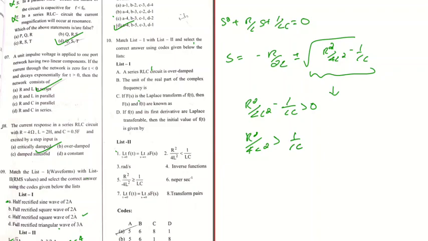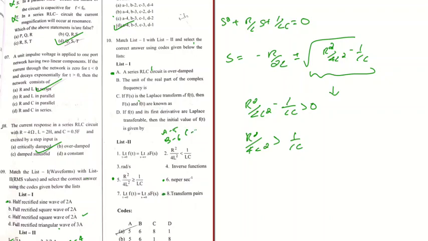So the first one, A, is matching with the fifth one. So A5. The next one, the unit of the real part of the complex frequency is Neper per second. So the second one, B, is 6. And the next one, if F(s) is a Laplace transform of f(t), then F(s) and f(t) are known as transform pairs, right?